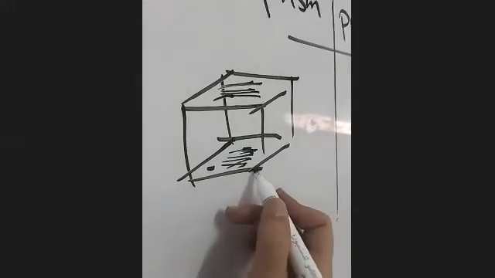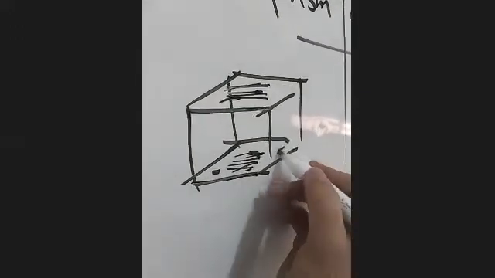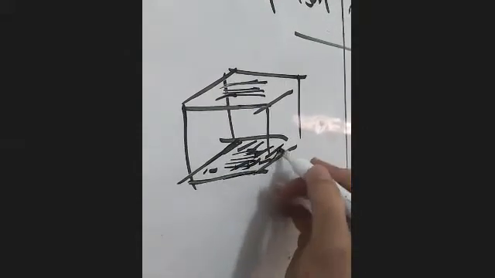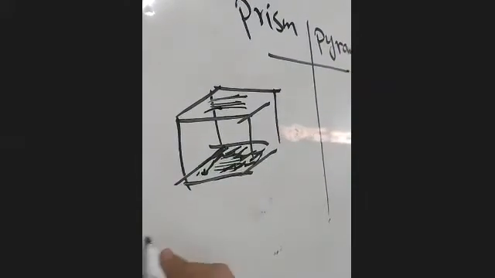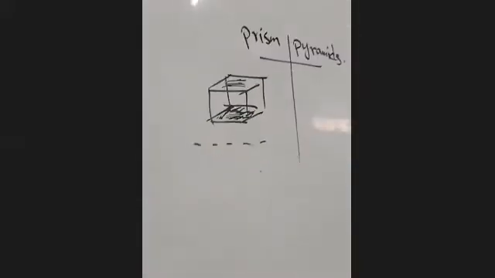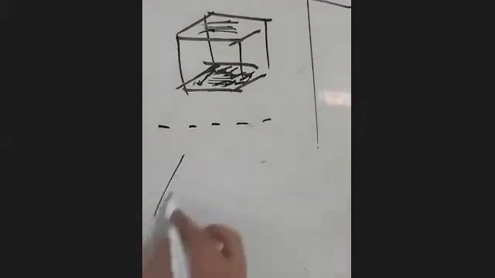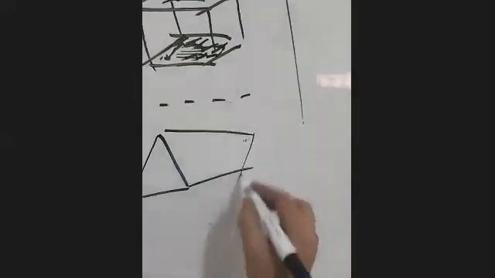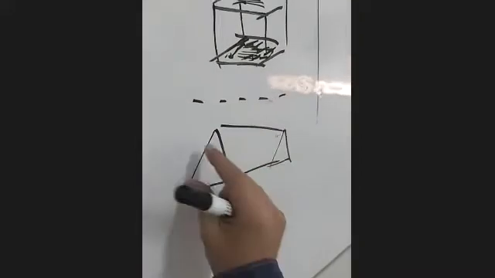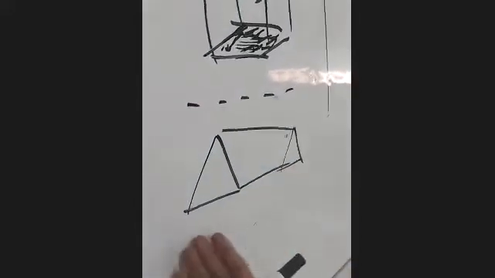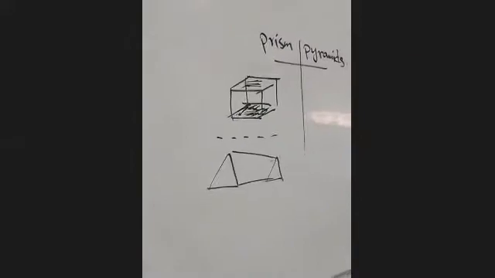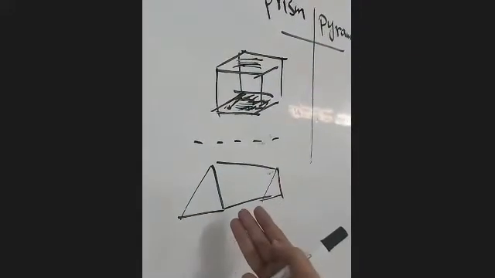Base here is not the line, no. It is the whole figure, the floor down. What's this base? It's a rectangle. So we call this one a rectangular prism. But if we have one like this, with two triangles as two bases, what do we call it? Triangular prism. So we have the rectangular prism and the triangular prism.